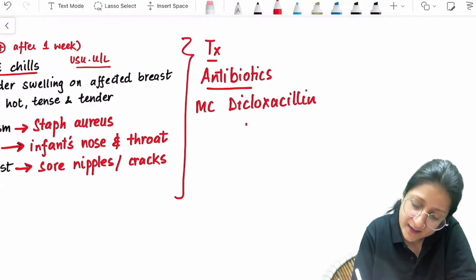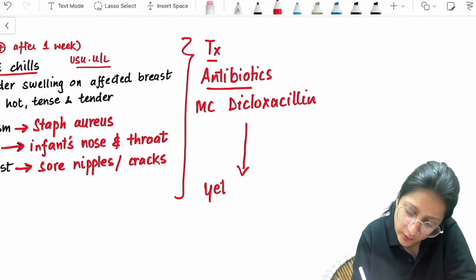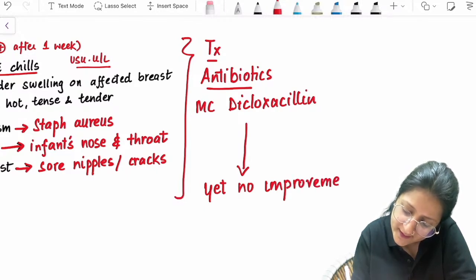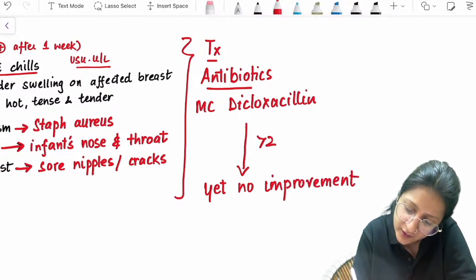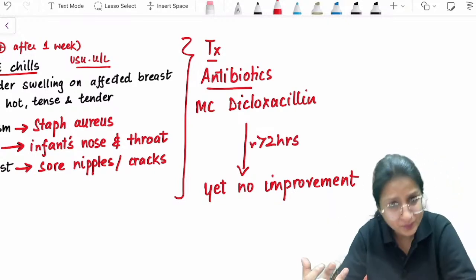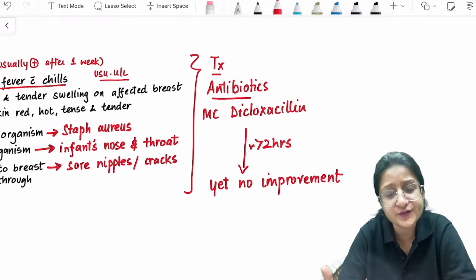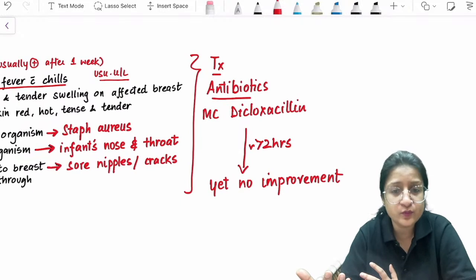Now let's say we have started the treatment with antibiotics and yet there is no improvement. Let's say the woman came back after 72 hours, and there is no improvement. Let's assume there was a case with mastitis and we have given the appropriate treatment, still there is no improvement.